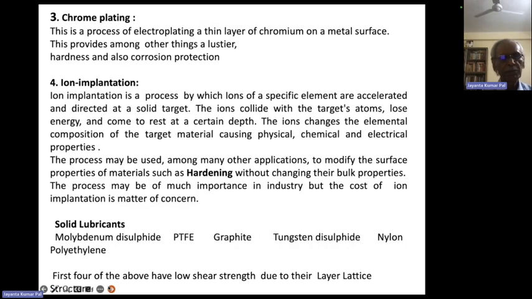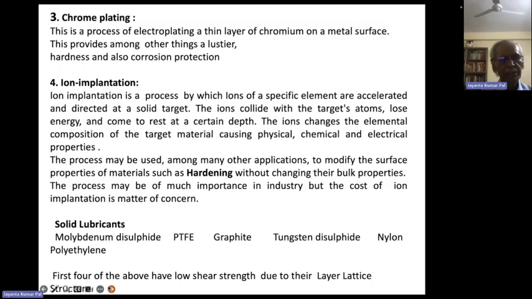Then there is chromium plating. This is again a very well-known plating process, and this is an electrochemical or electroplating process. A thin layer of chromium on a metal surface is produced by electroplating.